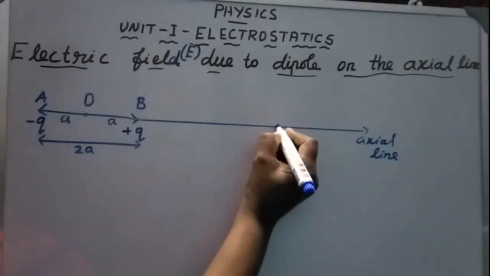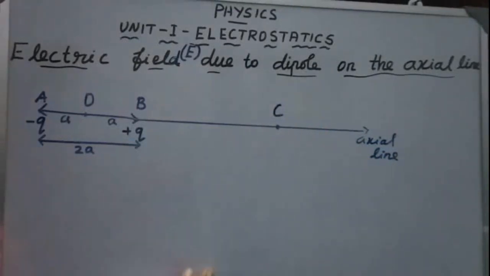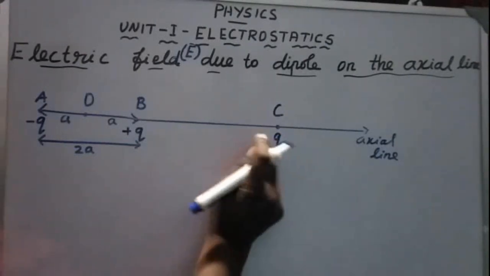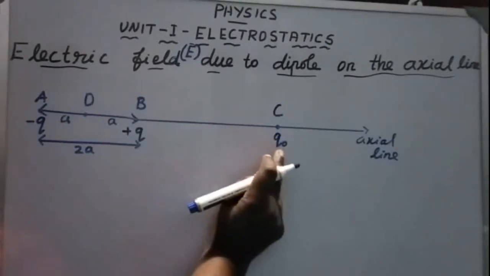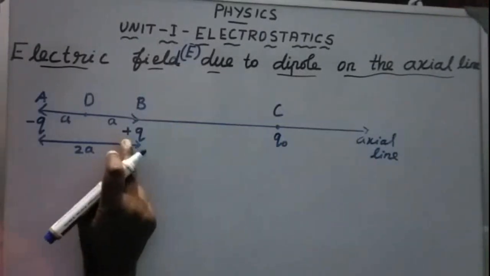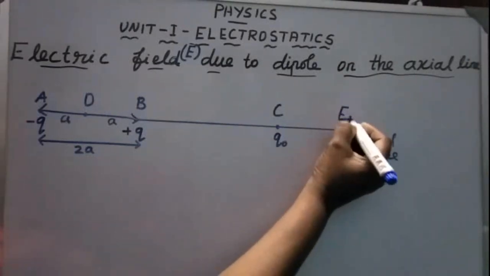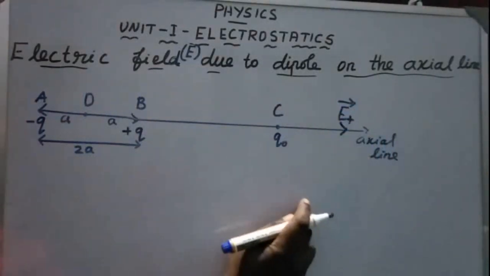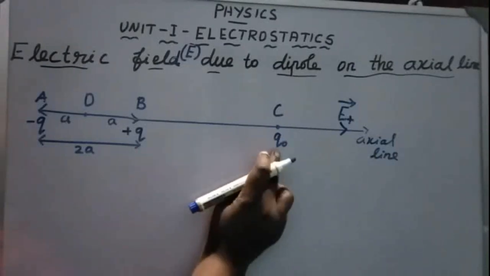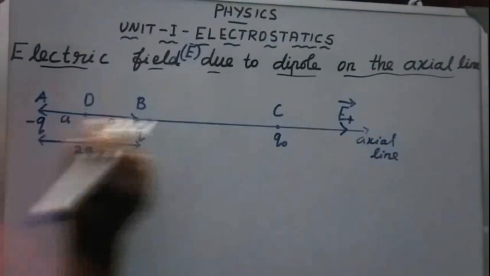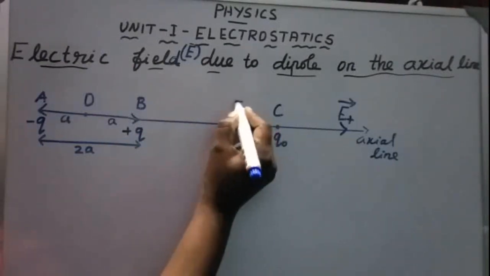Consider a point C on the axial line. Now a test charge Q0 is placed at C. This charge experiences an electric field due to plus Q, which is E plus vector, and an electric field due to minus Q, which is E minus vector.